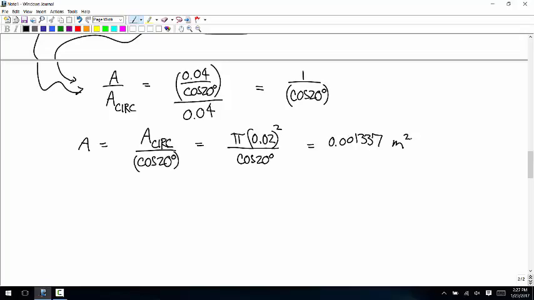And so now we can do the traction. So the traction is equal to 1 over that, 0.001337, times negative 12,000, 0. So what's 12,000 divided by this?